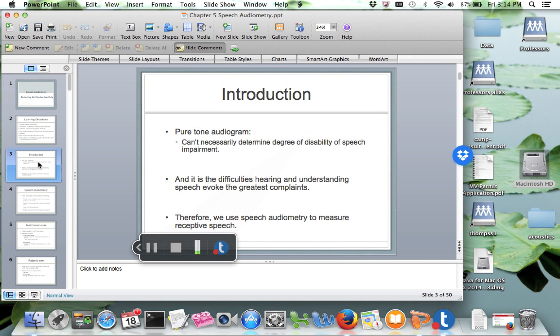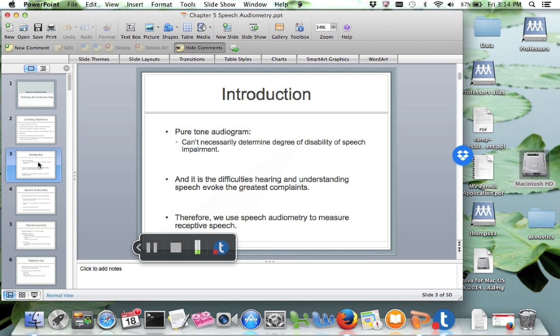Like I said, the pure tone audiogram can't necessarily determine the degree of disability of the speech impairment, and it is the difficulty hearing speech that is the number one complaint. The number one complaint of people with presbycusis or sensorineural hearing loss, age-related hearing loss, is that they can hear speech but they can't understand it.